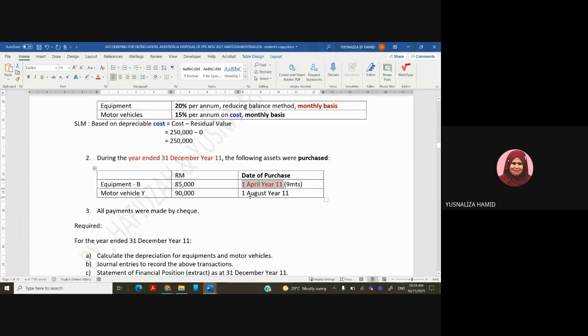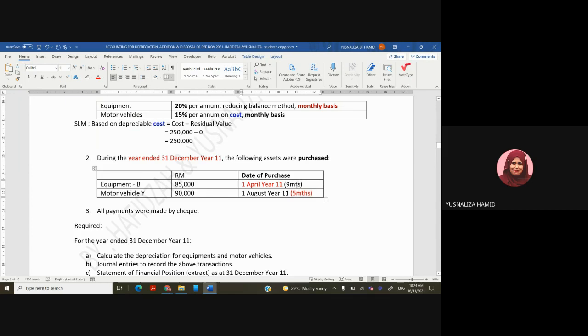For the second asset, that was the motor vehicle, you purchase on 1st of August. So from 1st of August up until 31st of December year 11, that was actually 5 months. So why do we bother about this?